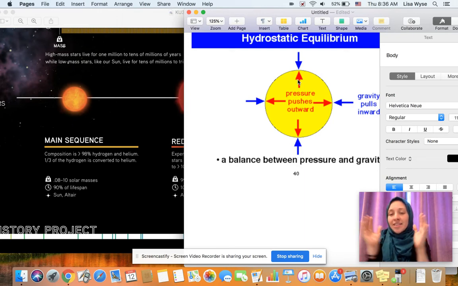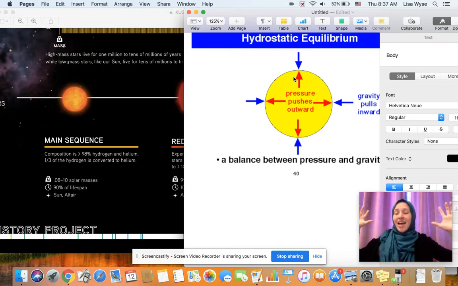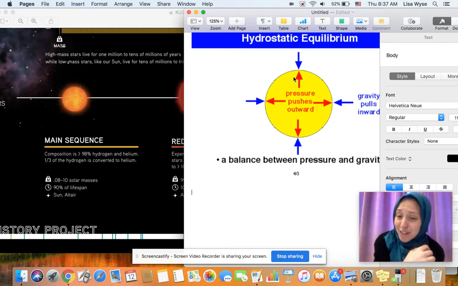Why do you think it doesn't get bigger when you have this nuclear fusion pushing it out? Okay? It doesn't get bigger because gravity is holding it in. Okay. So our star is at a balance between nuclear fusion trying to push it out, make it expand, and gravity trying to crush it in on itself. Okay?